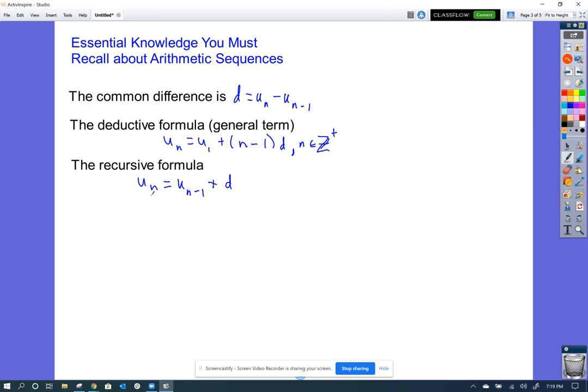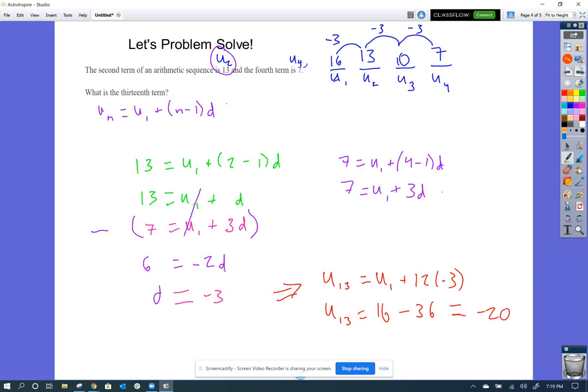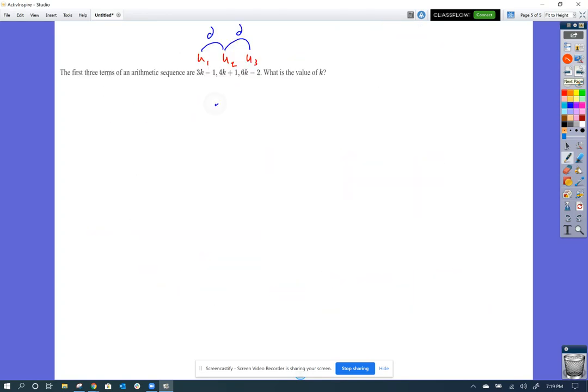We do have u sub n and u sub n minus 1 in the recursive formula. So that could help because we do have consecutive terms. So let's see what we can do with that. Let's use the recursive: u sub n is u sub n minus 1 minus d.